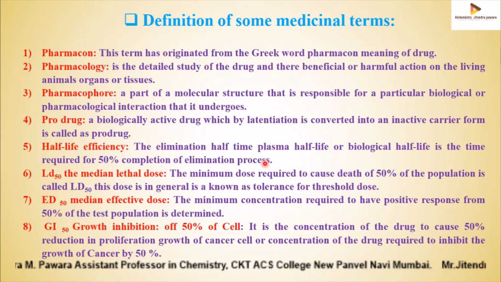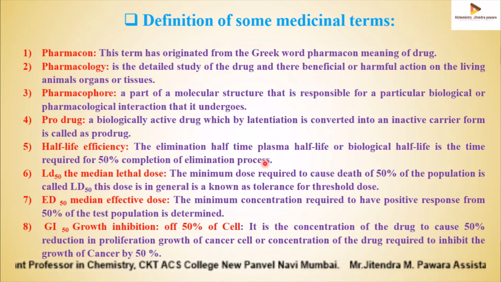In case of a drug whose elimination is exponential, the biological half-life time is independent of the dose, routes of administration and plasma concentration. It depends on the metabolism and the renal excretion of the drug.